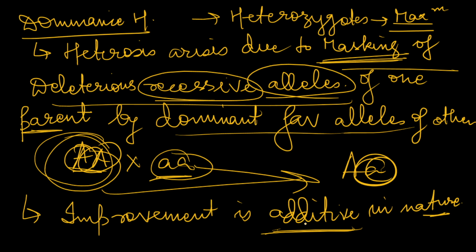Now the next one is the overdominance hypothesis. I hope you understand the dominance hypothesis. Make a note of it, and you can write these things in the answer. Now we have the overdominance hypothesis.